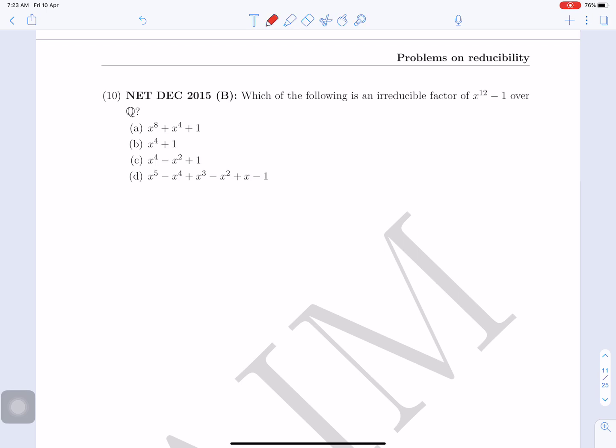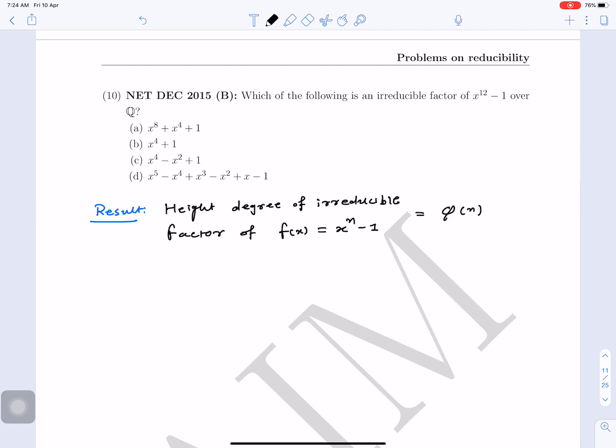Let me give one result first. The highest degree of an irreducible factor of f(x) = x^n - 1 is phi(n), where phi is Euler's phi function.